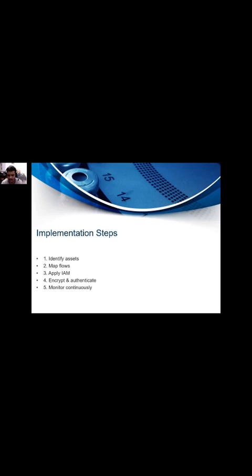Encrypt and authenticate, securing all communications with encryption and MFA. Monitor continuously, using analytics and AI tools to detect unusual patterns. Each stage strengthens the system and moves the organization closer to full zero trust.